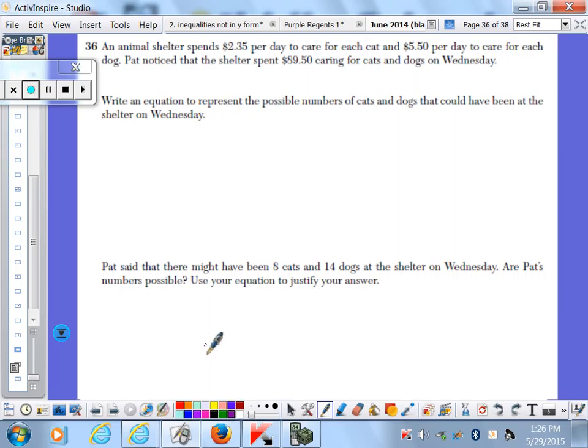36. An animal shelter spends $2.35 per day to care for each cat and $5.50 per day to care for each dog. Pat noticed that the shelter spent $89.50 caring for cats and dogs on Wednesday. Write an equation to represent the possible numbers of cats and dogs that could have been at the shelter on Wednesday. Right now I'm thinking that I'm going to use the letter C for cat and the letter D for the number of dogs.